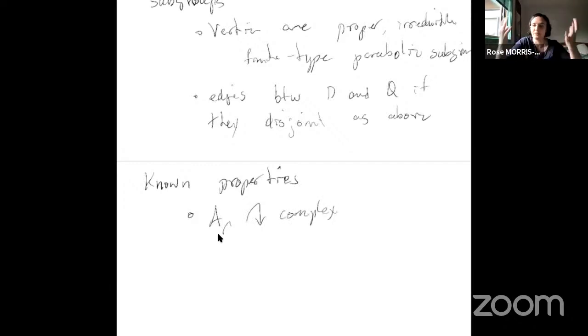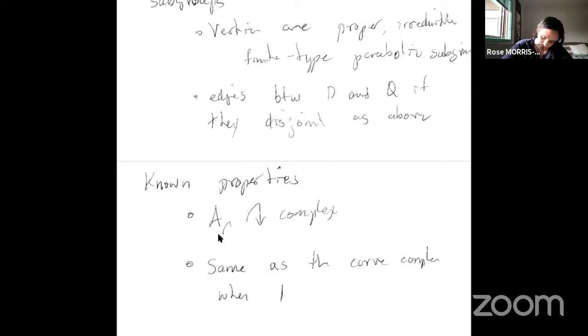The action is just by conjugation, right? So any element in my group, I can conjugate every parabolic subgroup and get new parabolic subgroups. This is the exact same as the actual curve complex when A_Γ is equal to a braid group, right? So it's very much generalizing that idea.